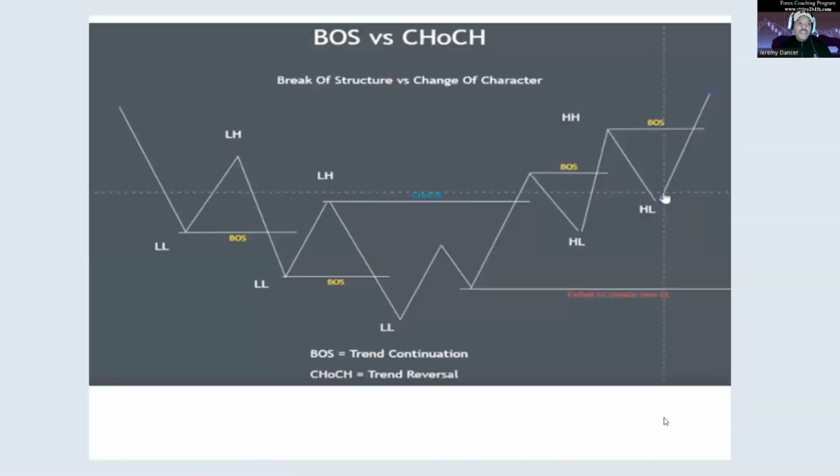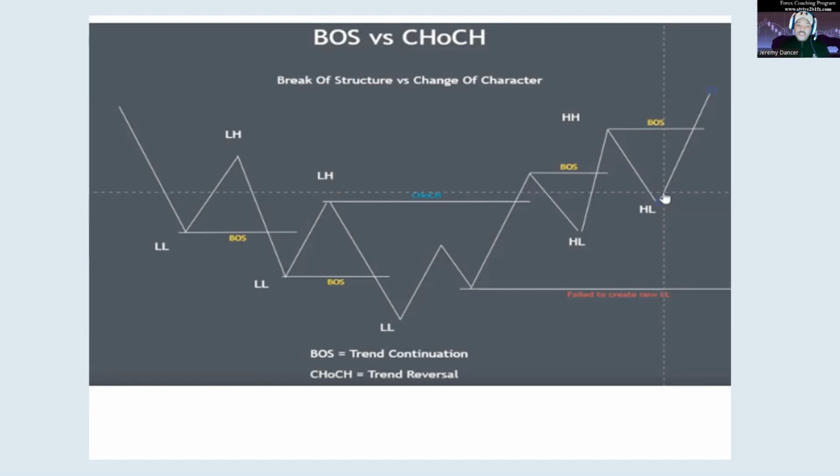All right. Now, this is the break of structure versus the change of character. The biggest thing to remember with break of structure is that in a downtrend, you want to see lower lows and you want to see lower highs. So if you're currently in a downtrend and you start to see higher lows or higher highs, then that right there signals the change of character.